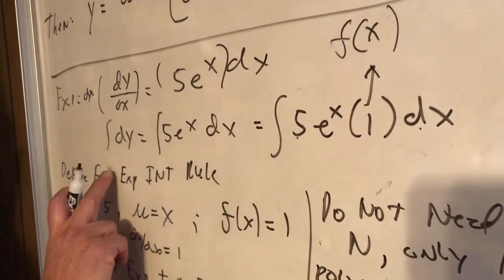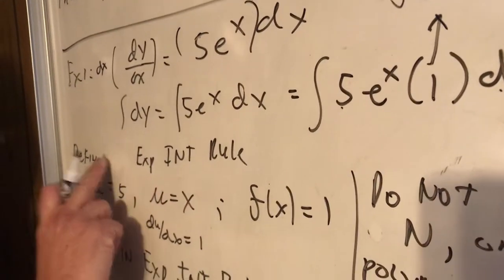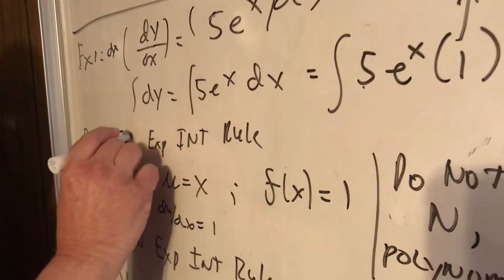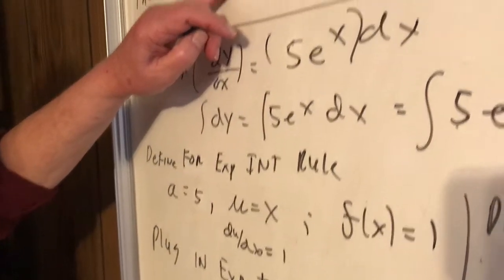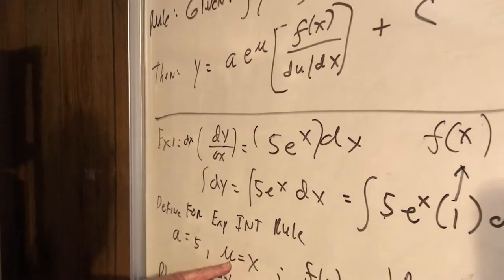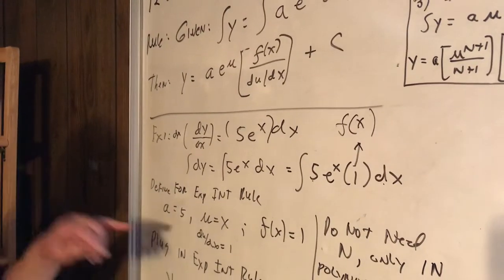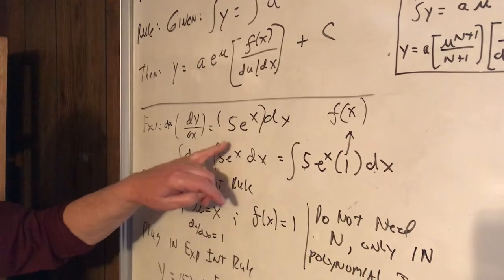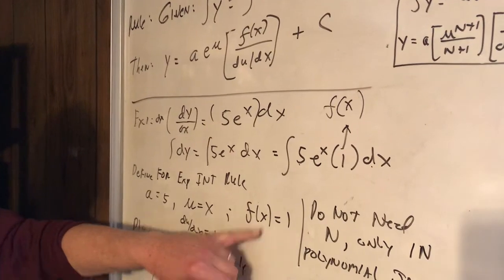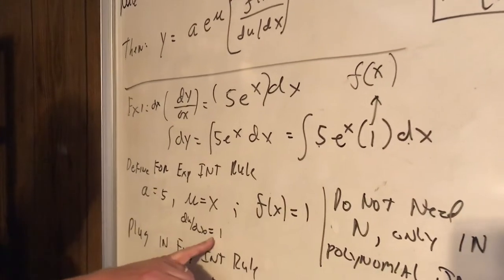Define what you need for the exponential rule. You need a, you need u, you need f of x, and you need du dx. So here a is 5, u is the power x, f of x is 1, and du dx is 1.